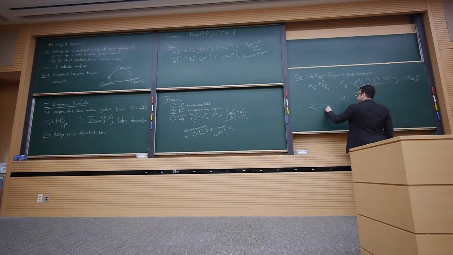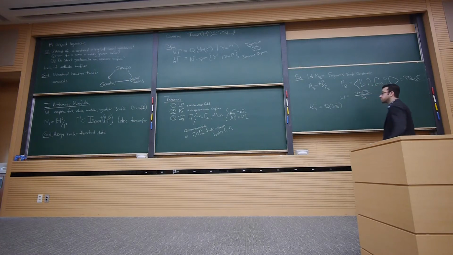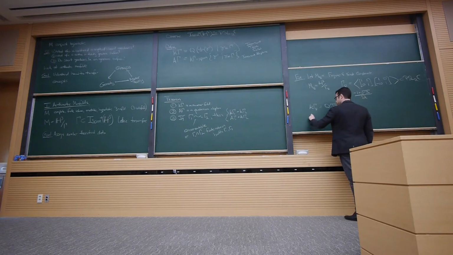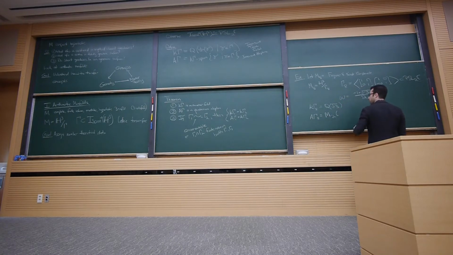So this thing is going to be Q adjoin square root of -3. Furthermore, when you look at the algebra, you're just going to get all 2x2 matrices with entries in Q adjoin square root of -3, inside of 2x2 matrices.